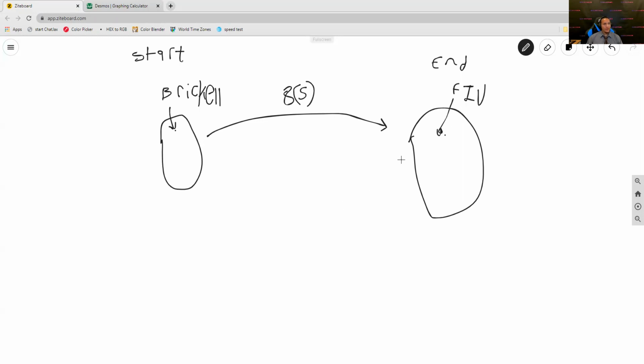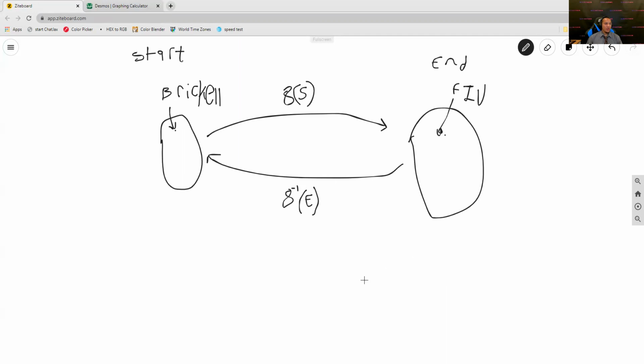So now, if you want to get from FIU to Brickell, you just take the 8, but this time the 8's going backward. So I'll put -1 for backwards. And this time you put E for end. You take the end location with the bus going backwards and you end up at Brickell again.